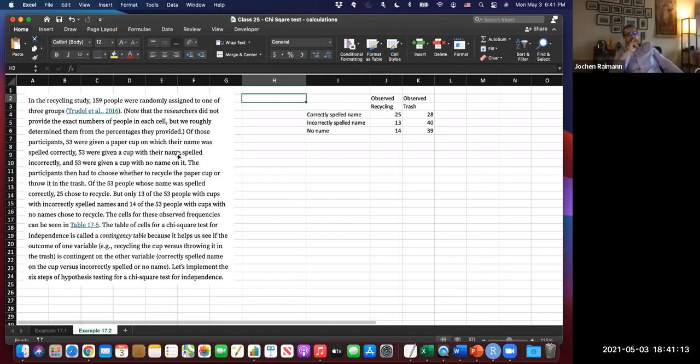What could be another confounder? If you have two groups, right? No, actually you have three groups. So you have correctly, incorrectly, and no name. What if you have a disbalance of those with a really complicated name versus those that have a really simple name?